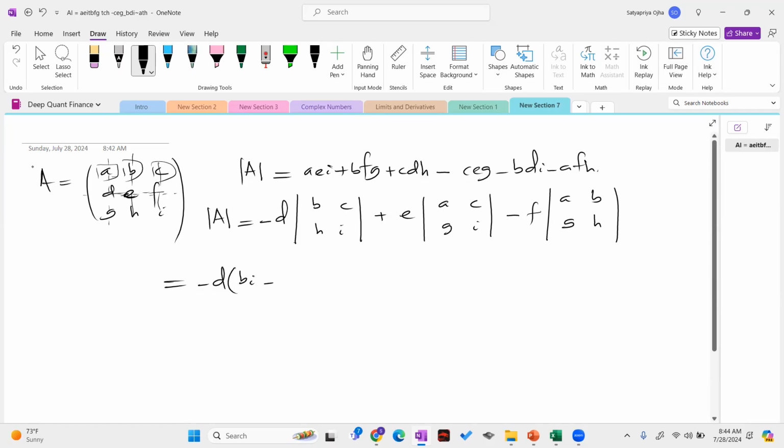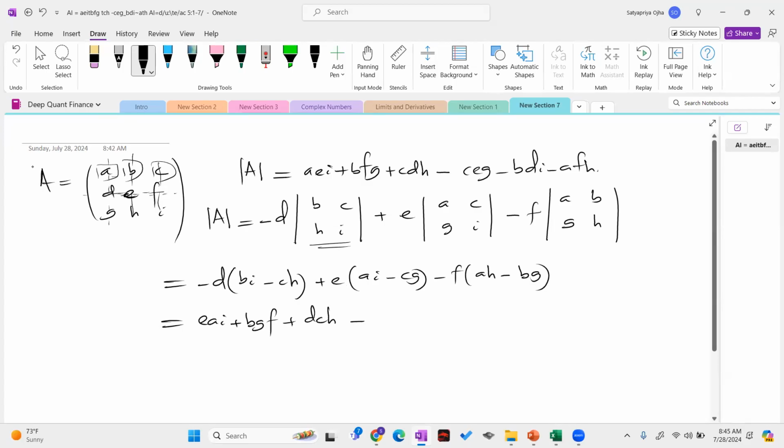BI minus CH. See, a 2 by 2 determinant is very easy. Doing the same for the others, the positive terms are EAI, BGF, DCH. The negative terms are BDI, CEG, AFH. Does it match?